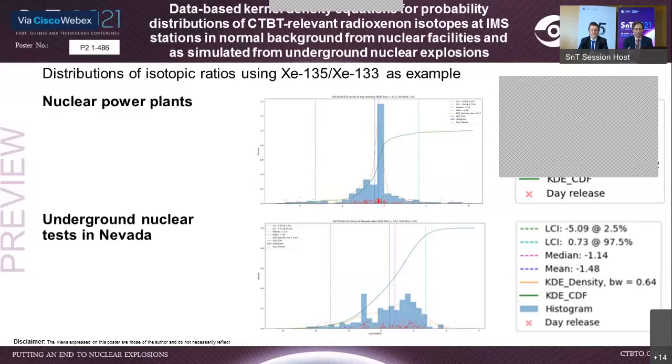We use the sum of all release data that we have, and then we apply the kernel density estimation method to develop a description of the distribution of the isotopic releases from these facilities, and then we can also apply the KDE to the ratios. That's what we presented in this poster.